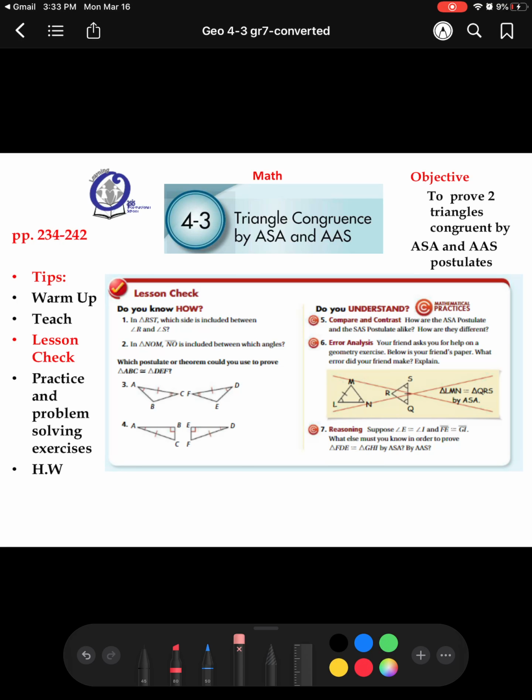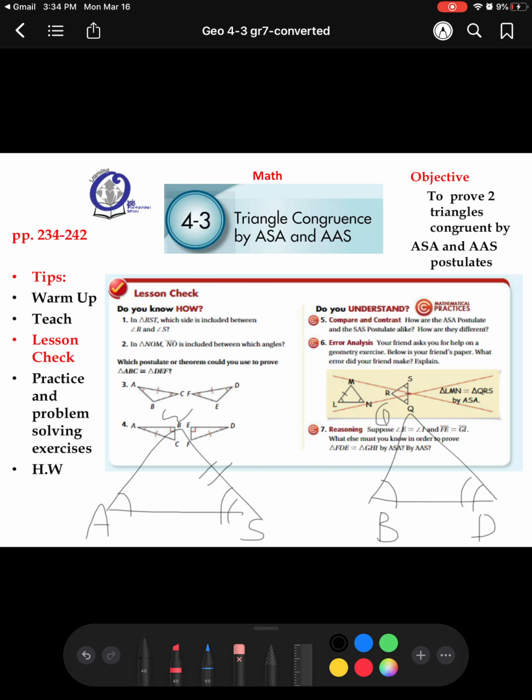Or if I have the second way, which is AAS, I should have A and S and let's say B and D, okay? Let me just continue the triangle. If I have A is congruent to B and S is congruent to D, so either I will say that, let's say this is SW and SK, that SW is congruent to DQ.